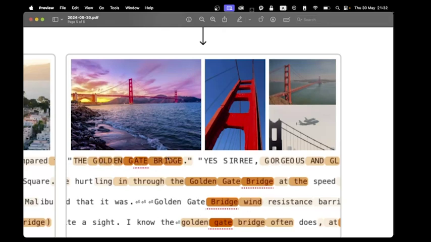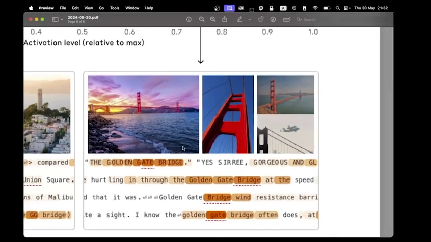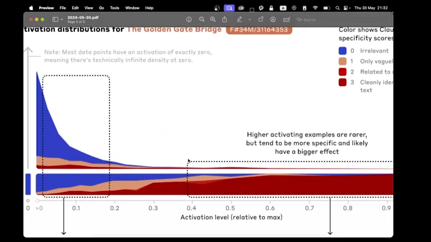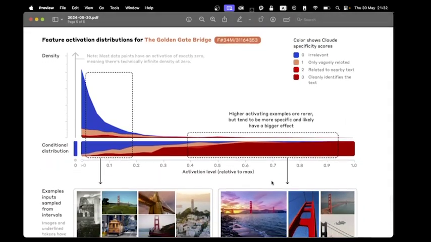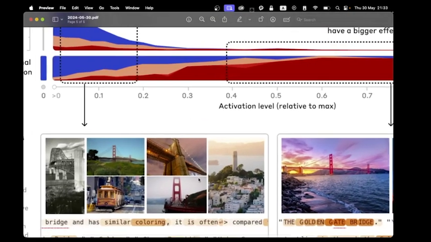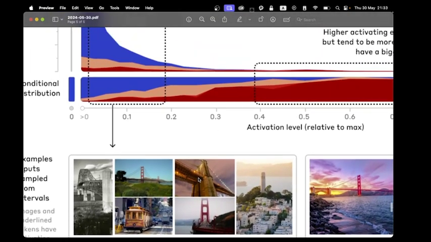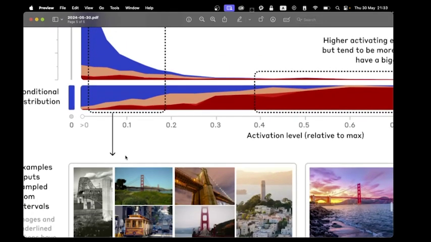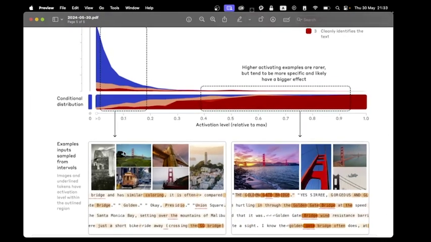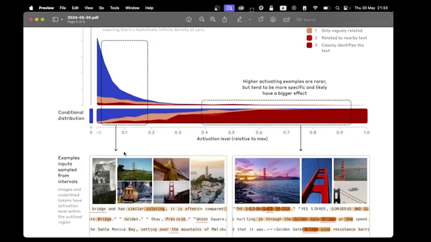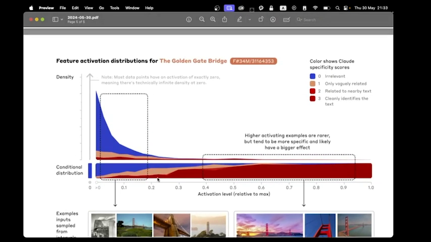So this suggests that this does something. If we get high activation, we get this thing. If we get low activation, we get something related to the thing but not the thing. And supposedly, if we push even more to the left, we get something even less the Golden Gate Bridge.